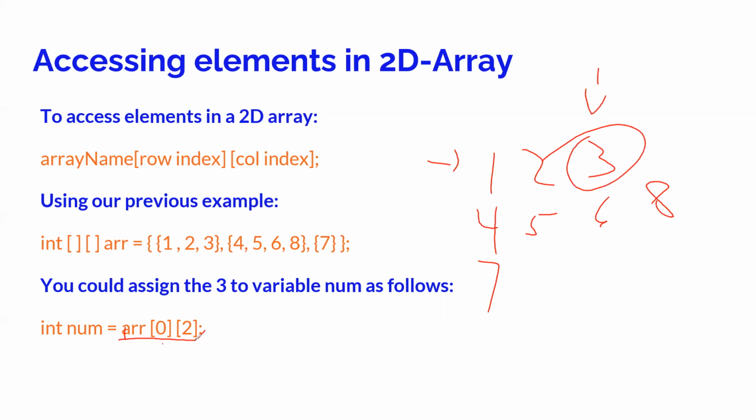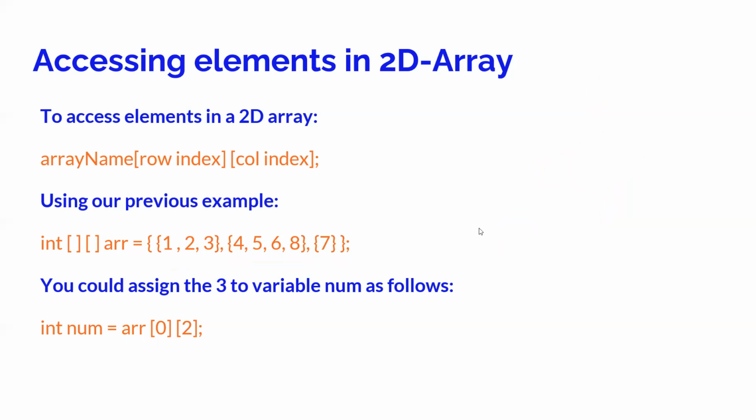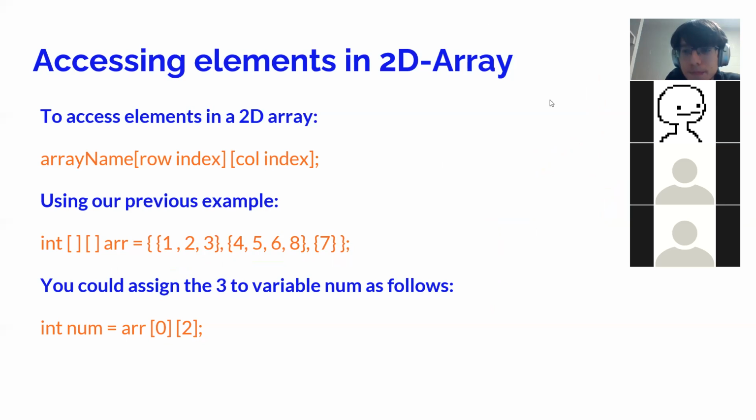Column 2 is this one. So I would get 3. This assigns num to 3 because it's the 0th row, 2nd column. Accessing elements is you just give it the row and column index you want, like where in your grid is it? Okay, any questions about anything?